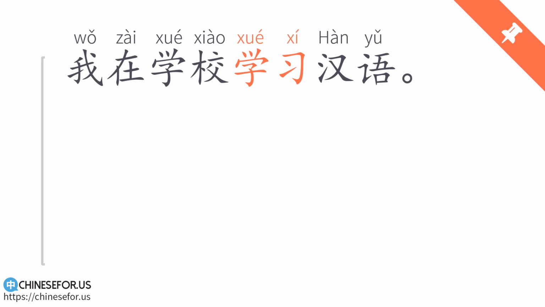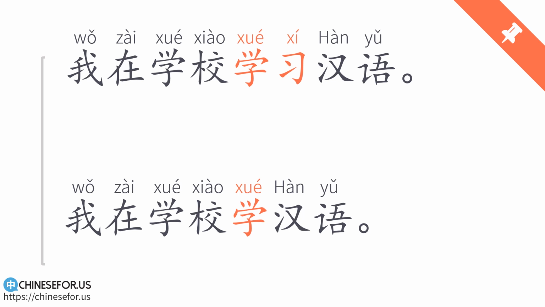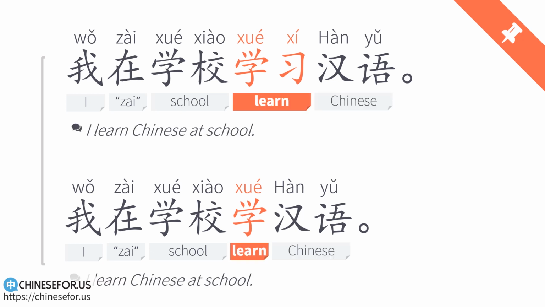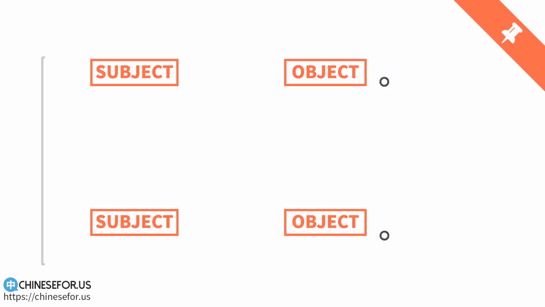我在学校学习汉语。我在学校学汉语。They both mean I 在 school learn Chinese. I learn Chinese at school. So when there's an object after 学习, we can just say 学 for short.